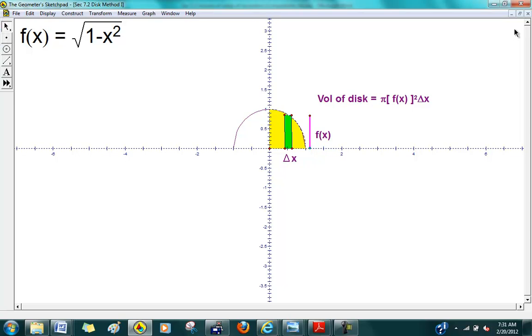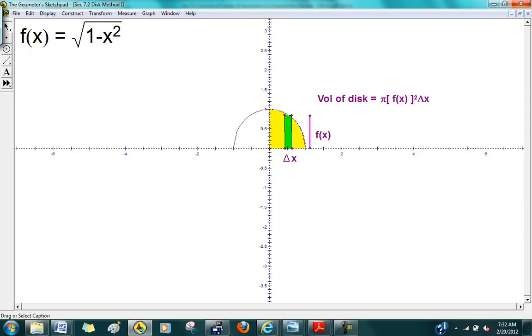In that case, the solid formed was by rotating this yellow region about the x-axis. Notice how the x-axis is the axis of rotation, and the representative rectangle, and similarly the volume being generated by the rectangle, is at right angles to the x-axis. And what we did was formulate the volume of a disk, and then just integrate that.